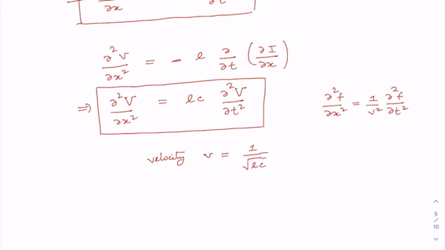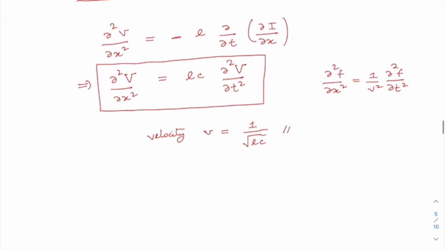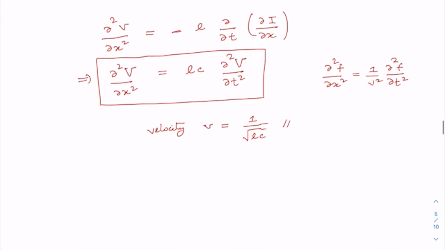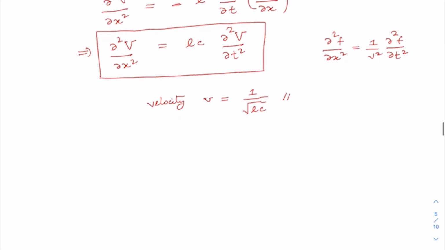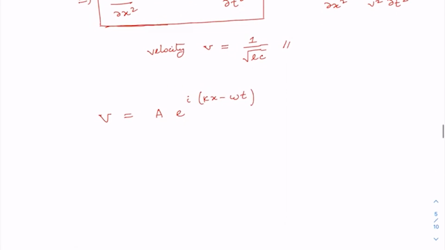So you see the voltage travels at the speed given by 1 by square root of LC. Another way to look at it, because we know that this equation has a traveling wave solution, so V I can write as A e to the power i(kx minus omega t). So there is a traveling wave along the x direction.